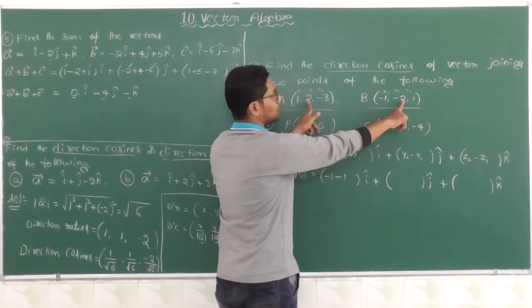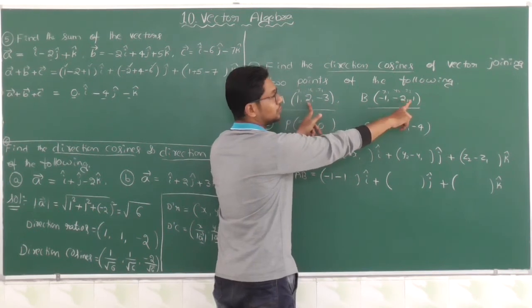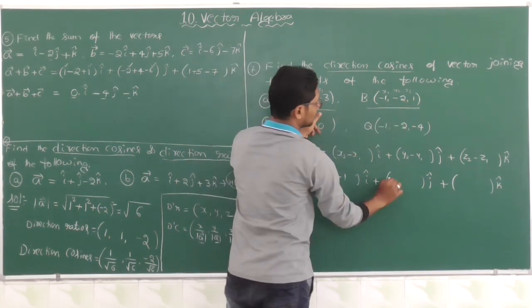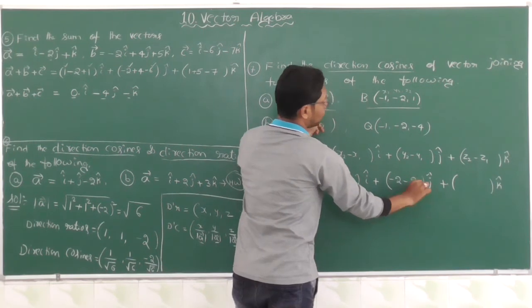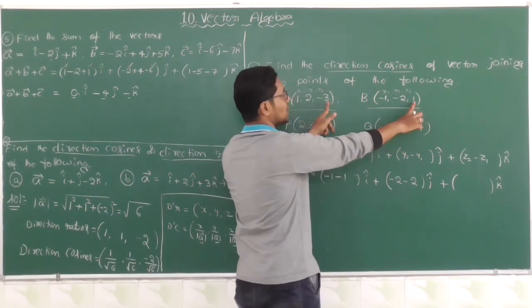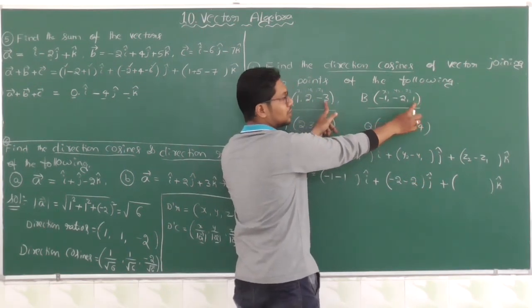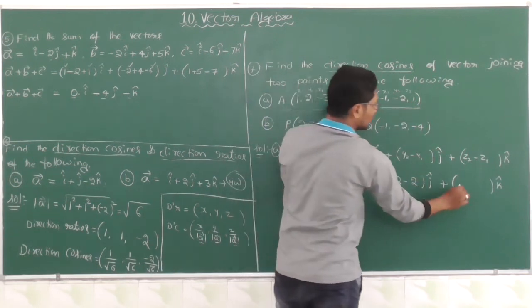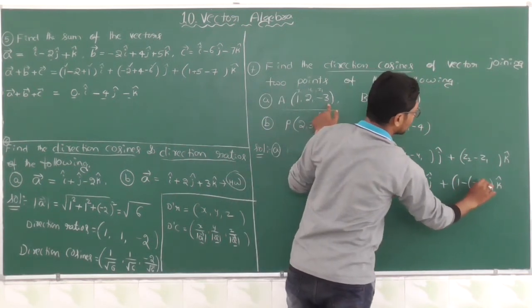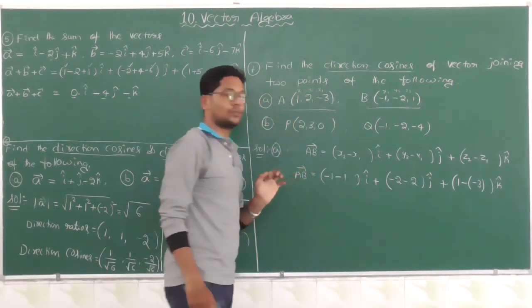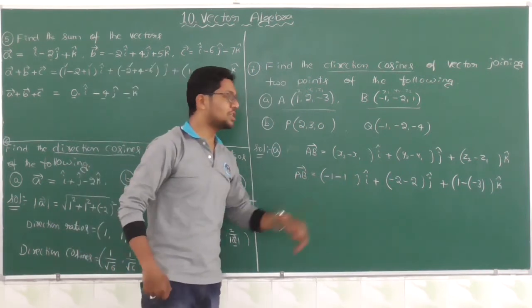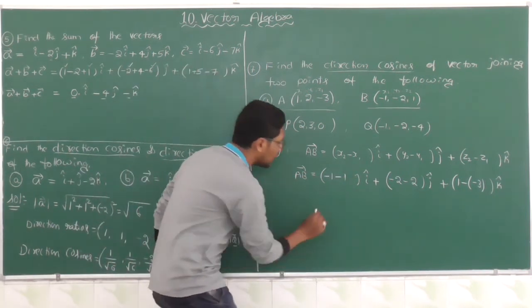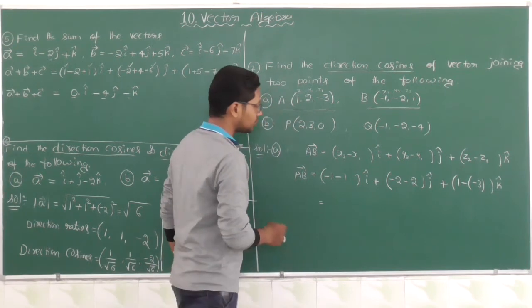Next one, minus 2. Next, the k component: 1 minus of minus 3, that is z2 minus z1. It is the vector joining 2 points. I hope you will understand this.